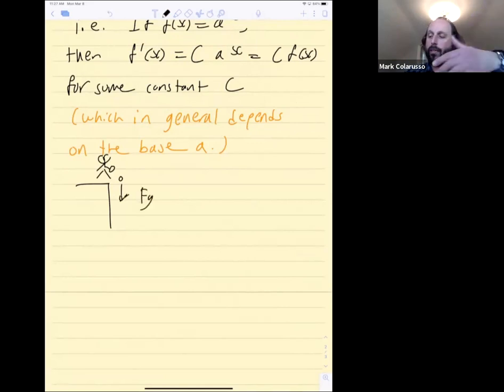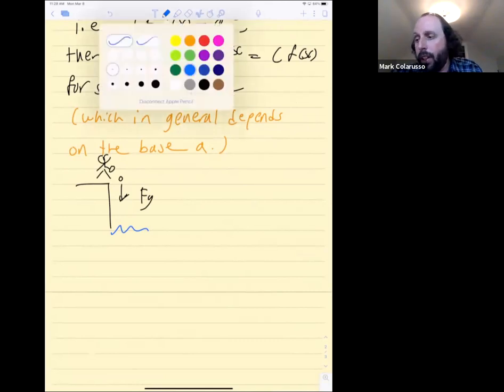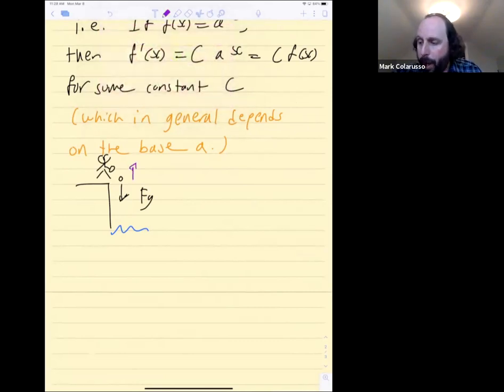If you drop an object from a cliff, say into the sea, you have a force of gravity acting down on the object, but in real life there's also wind resistance acting in the opposite direction.